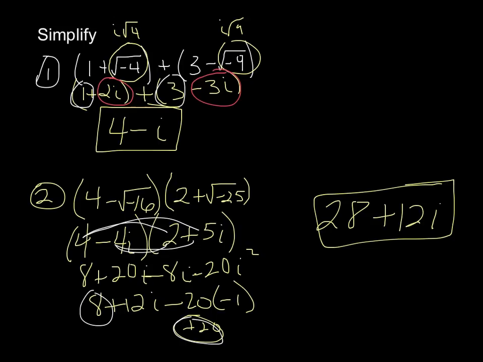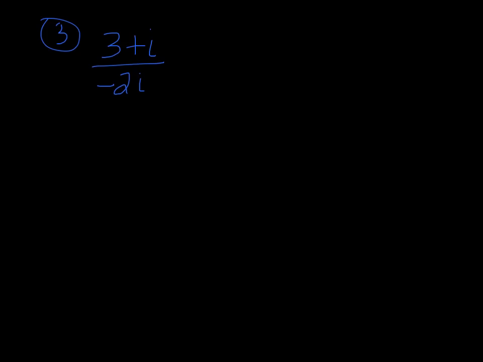Okay. So, just some basic simplifying using the negatives under the radicals and using the multiplication or the addition and subtraction of complex numbers here. All right, last one. We want to rationalize, or we want to simplify this quotient. So I would have to multiply top and bottom by the conjugate, which would be a positive 2i.